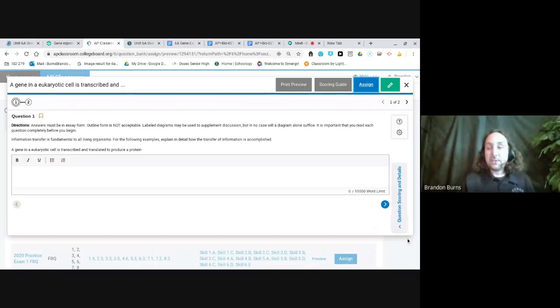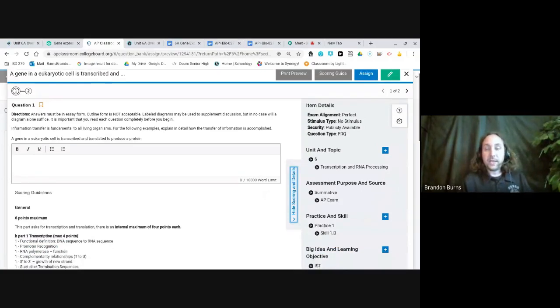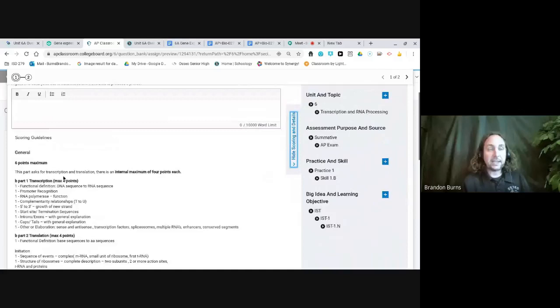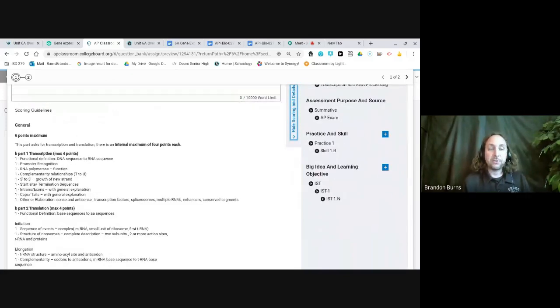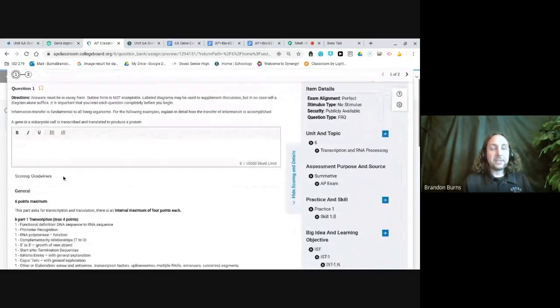Once you've answered the questions, you should be able to get a scoring detail, which will explain to you how the assessment is scored. So here's the scoring guidelines, and this allows you to look at how you could earn points, right? There was a maximum of 6 points here.